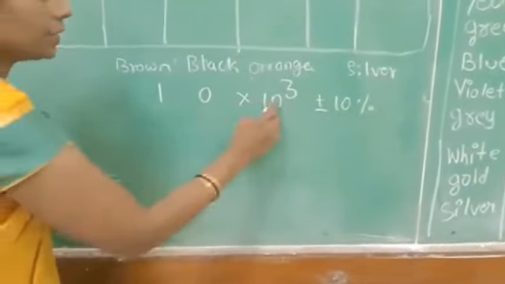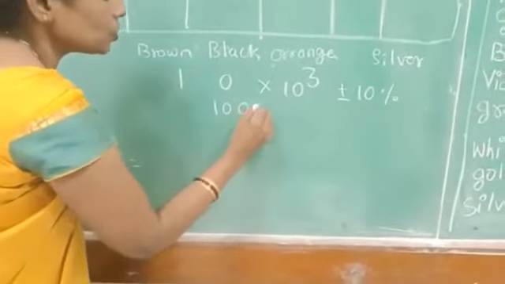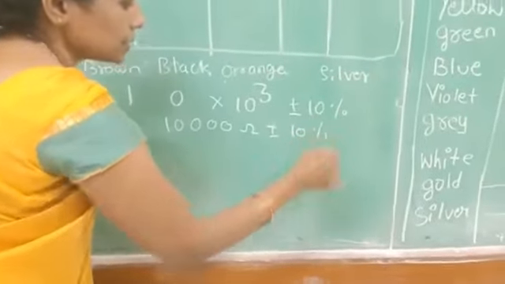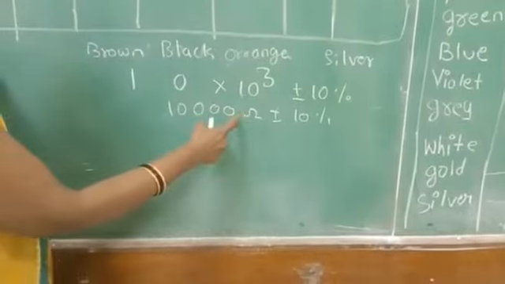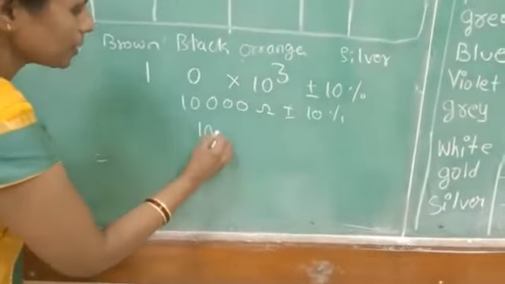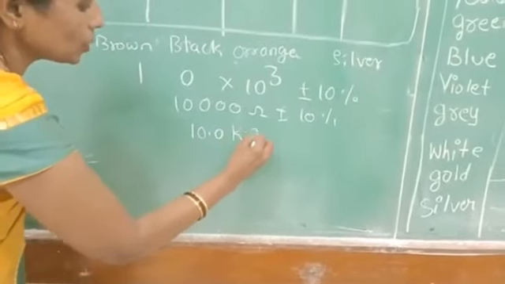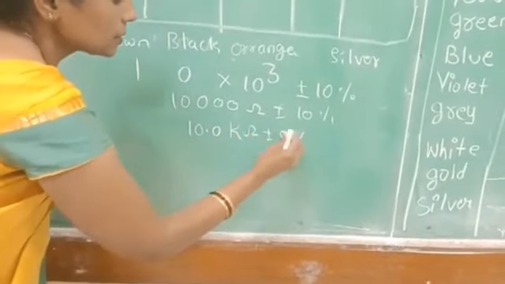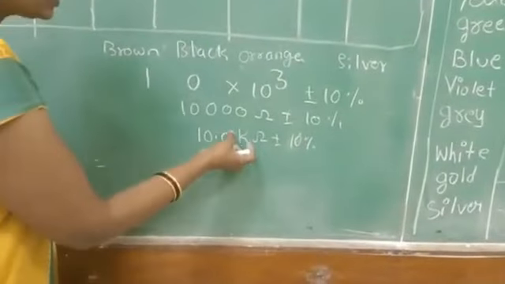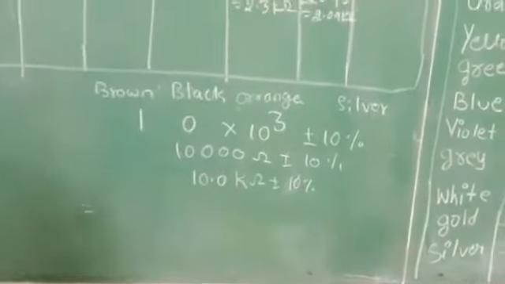So what is 10 into 1000? It is 10,000 ohm plus or minus 10%. How to convert ohm into kilo ohm? Divide by 1000. So it becomes 10 kilo ohm plus or minus 10%. Okay. We write these values in the tabular column now.